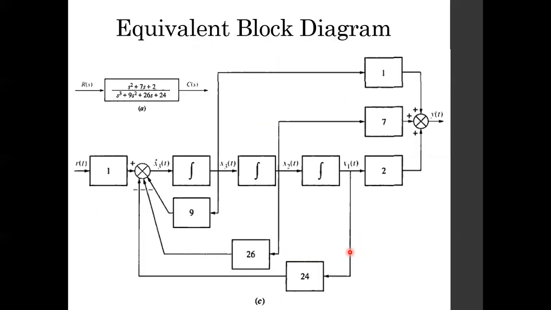Now, when it comes to the block diagram, this is the result. So the denominators, as we have discussed, are the feedback path. But the numerators represent the feed forward of the system.